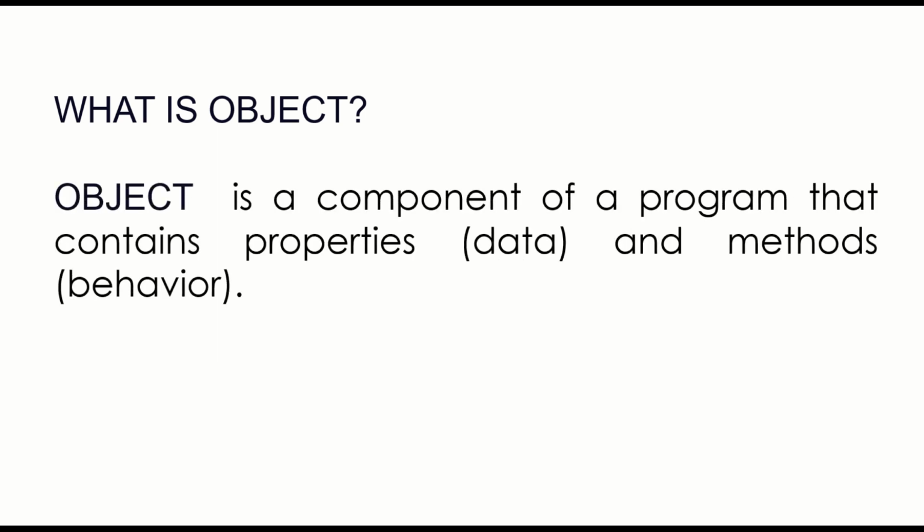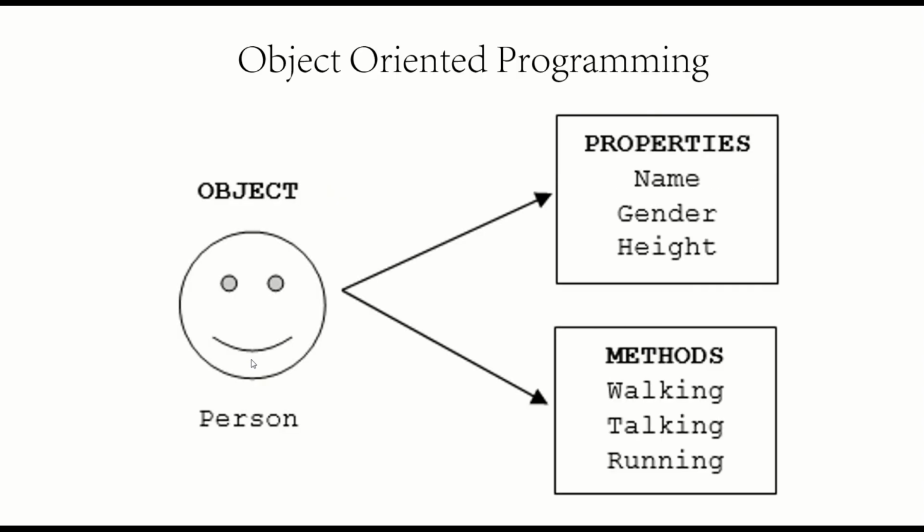Since we are talking about objects, an object is a component of a program that contains properties, or what we call data, and methods, or what we call behavior. For example, in this diagram, the person is an object, and a person has data members, or what we call variables, such as the name, the gender, and the height.